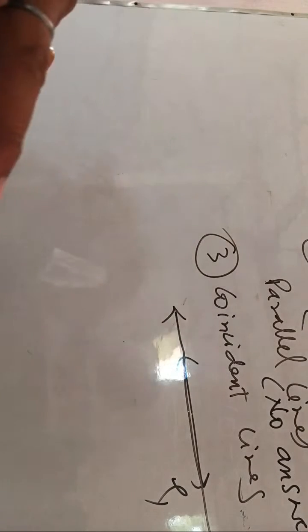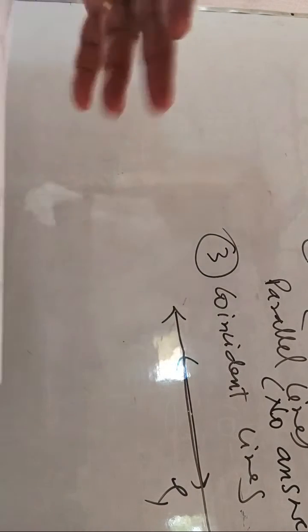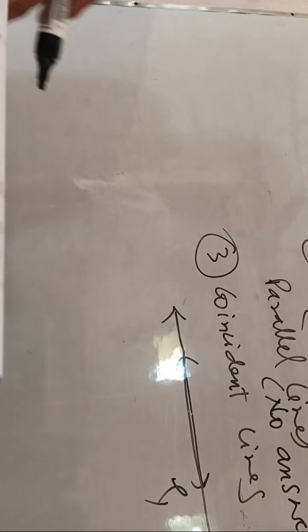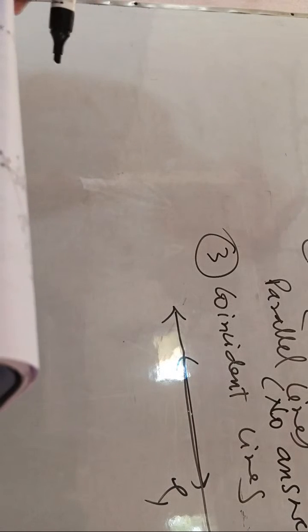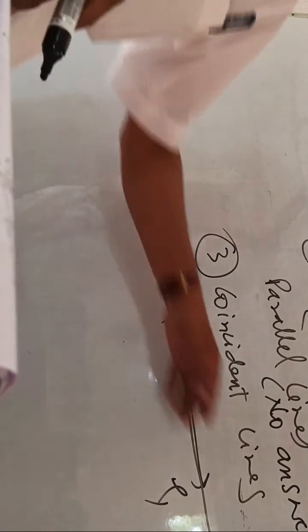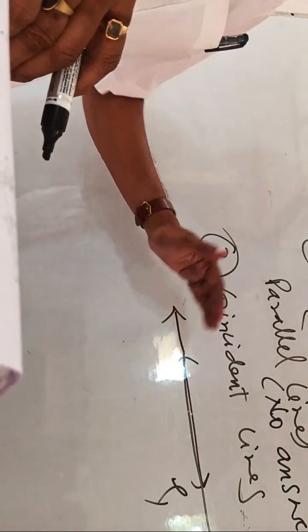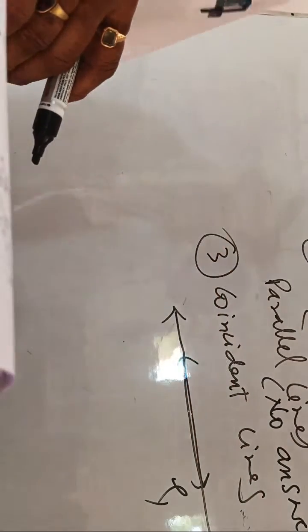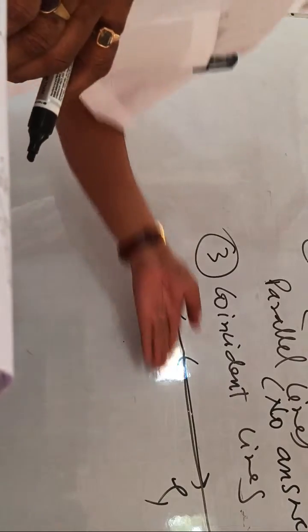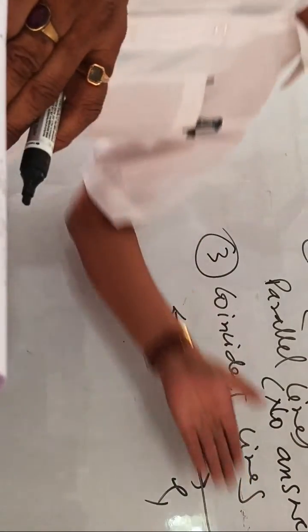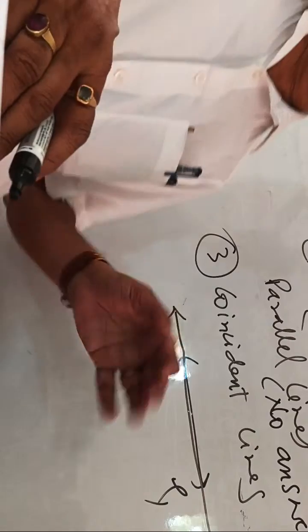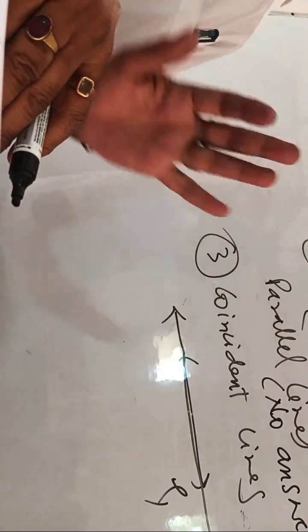Now, you see that there will be a third case in which the lines are the same. The two lines overlap each other. So here there will be many points of intersection, and there will be many answers, infinite answers we say.